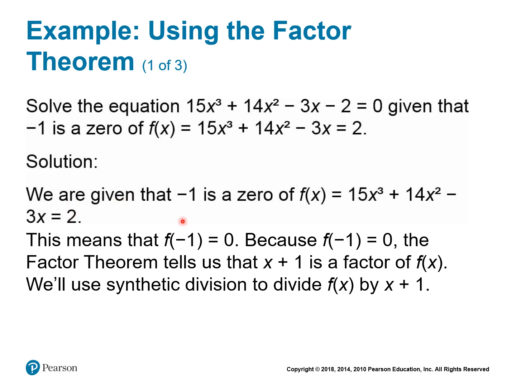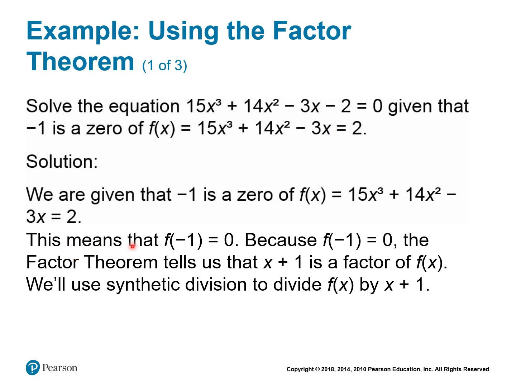We are given that minus 1 is a 0 of f of x equals 15x cubed plus 14x squared minus 3x equals 2. How did they get the 2 on the other side? They rewrote this equation by moving the constant term minus 2 over to the other side. That's how they got the plus 2 on the other side. You see, the minus 2 is no longer there on the left hand side.